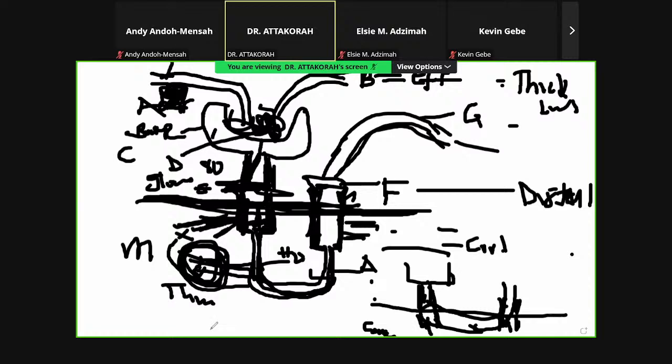And when that region becomes more concentrated, water from the thin loop will move to the medulla and get into the system. So that's the reason why we have this thick part here, such that water will be reabsorbed back into the system. Other than that, water will be lost.